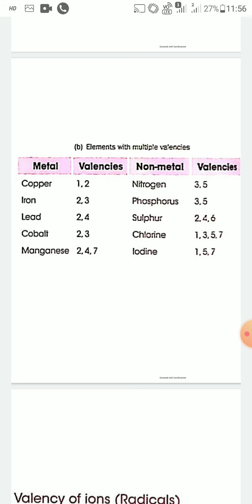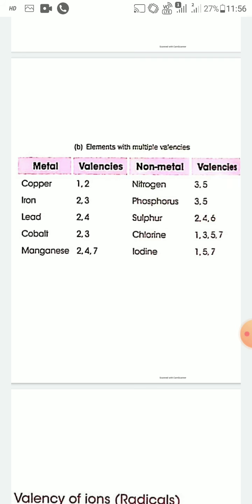Now some non-metals can also exhibit variable valencies, like nitrogen, phosphorus, sulfur, chlorine, iodine. For example, the valencies of nitrogen are 3 and 5. The valencies of phosphorus are 3 and 5. Sulfur has 3 valencies: 2, 4 and 6.